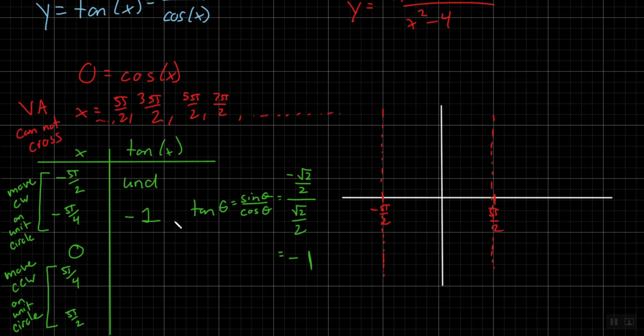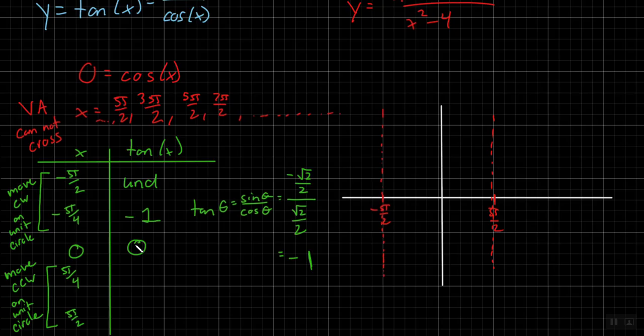Okay. Tangent at 0. What is the tangent at 0, Kian? 0. Yep, 0.